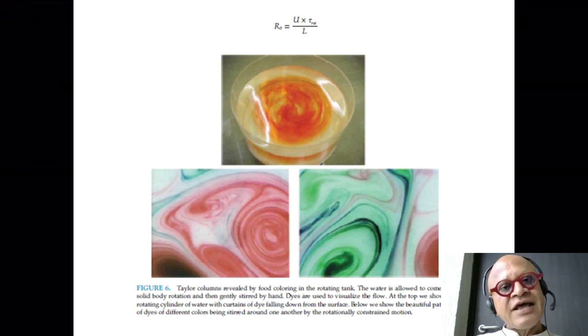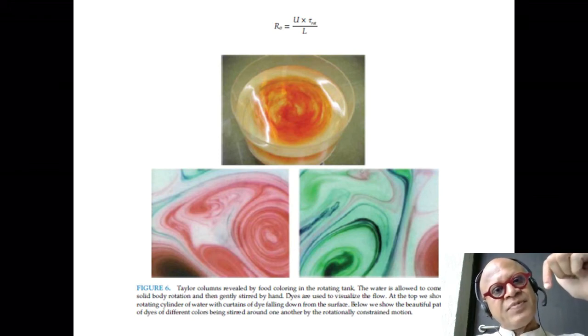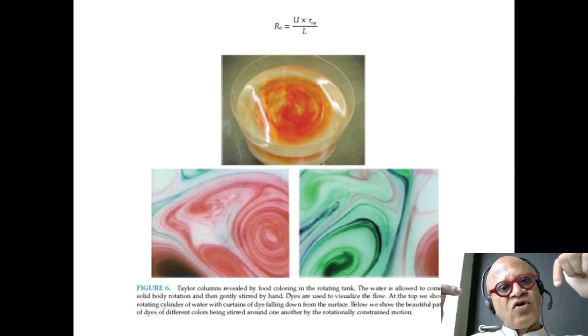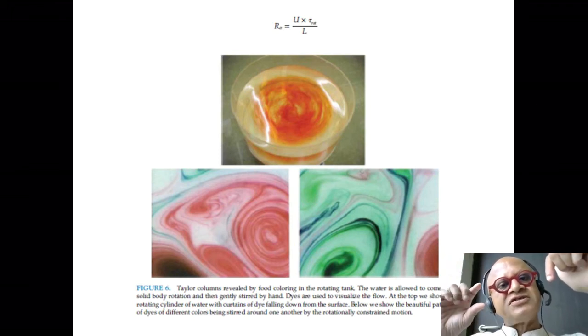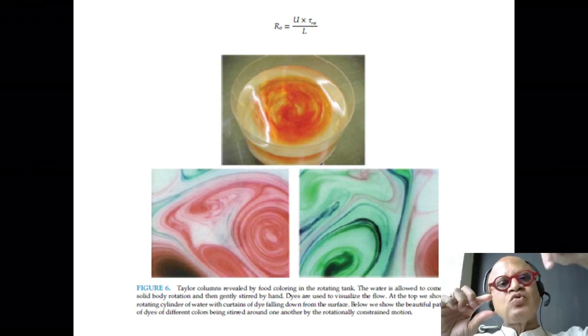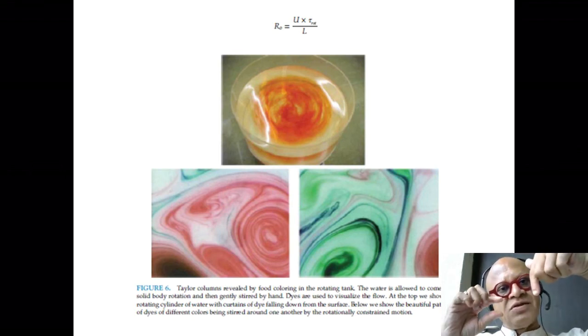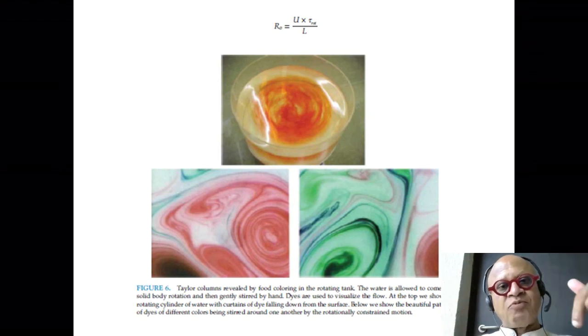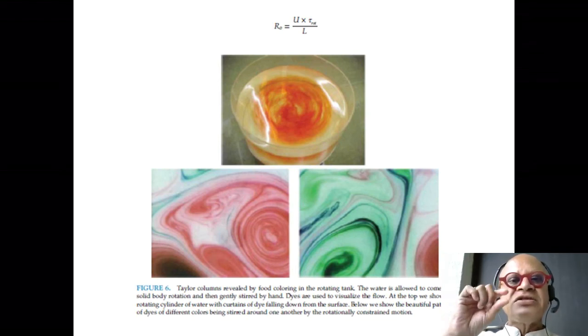So it turns out that on a rotating system, if you have a stratified fluid or otherwise, there is a certain rigidity that can develop parallel to the axis of rotation. Okay, it's called a Taylor column, which we will look at. That begins to produce these swirls.